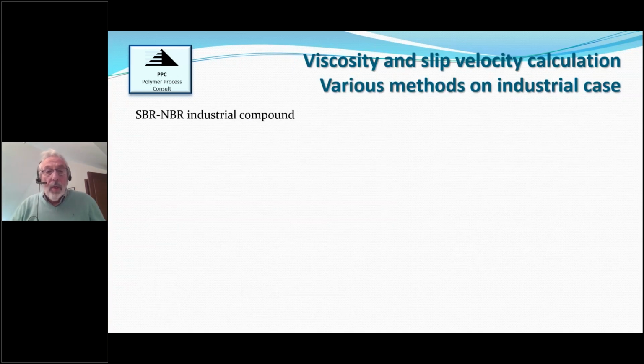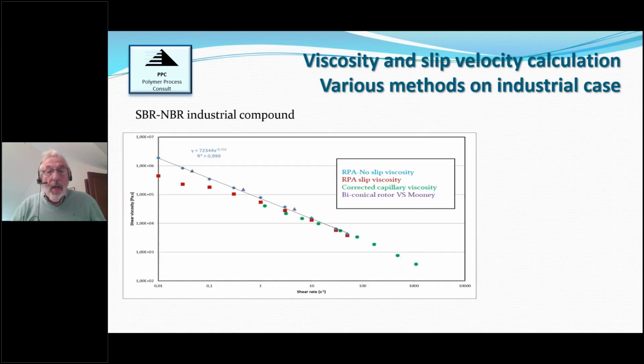Now, for the SBR-NBR industrial compound, we have measured no slip conditions on the RPA, and also the compound as such with a biconical rotor variable speed Mooney. We can see that both the Mooney and the no slip viscosity on the RPA are fitting very, very well.